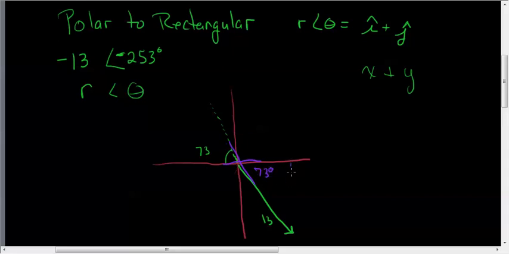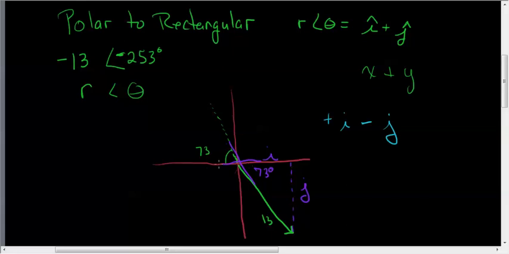So what I need to find is this i value and this j value. Right now, we're going to recognize that in this quadrant, the fourth quadrant, the i is positive and the j is negative. We just have to figure out how far in the i and how far in the j.